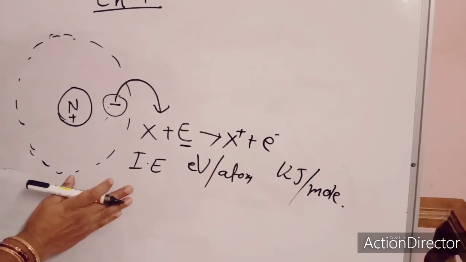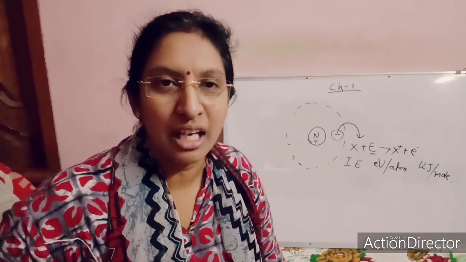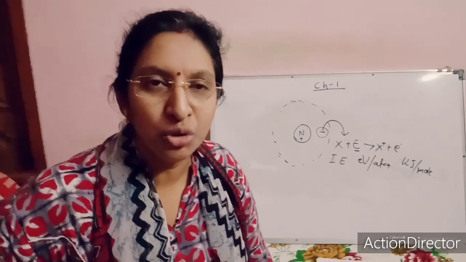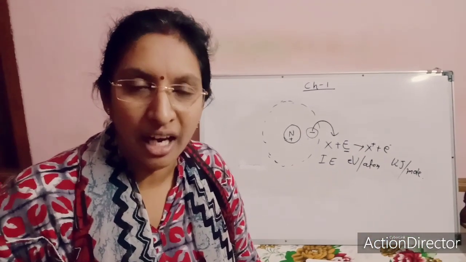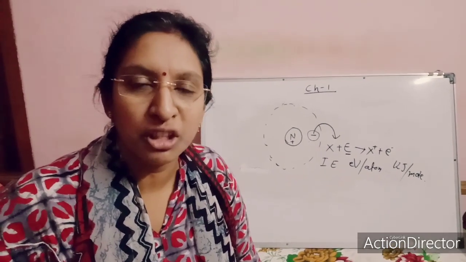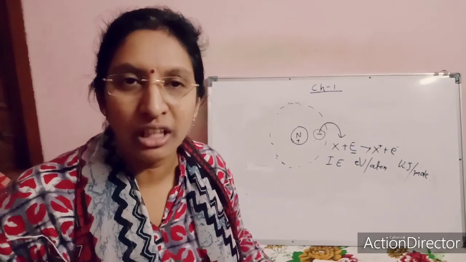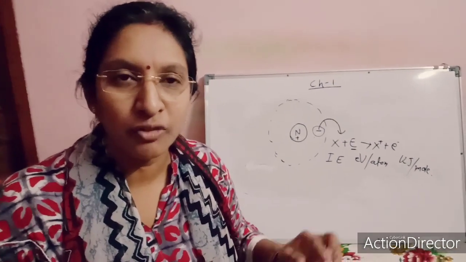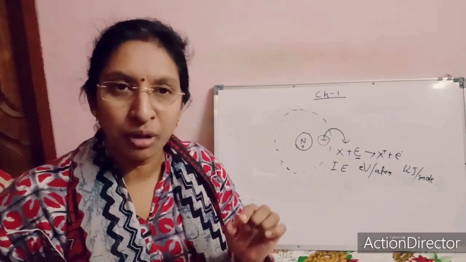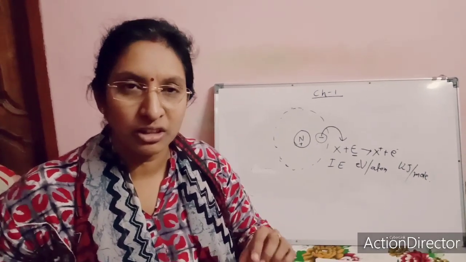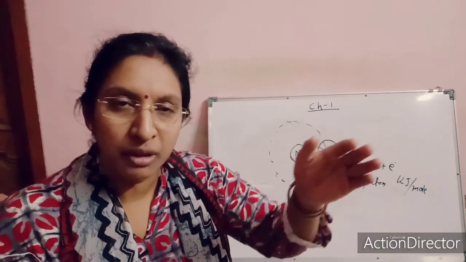Understood? Then we can define ionization potential as the amount of energy needed to change one isolated gaseous atom into a unipositive ion. So why am I saying isolated gaseous atom? Because some amount of energy is needed to isolate the atom from the molecule, and again some amount of energy is needed to change the element from different states.